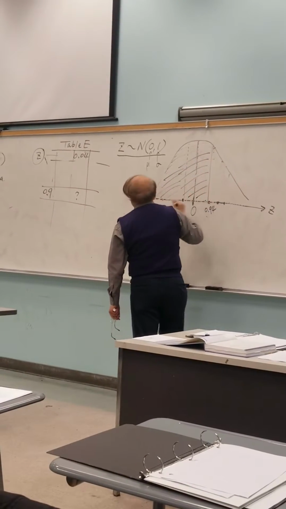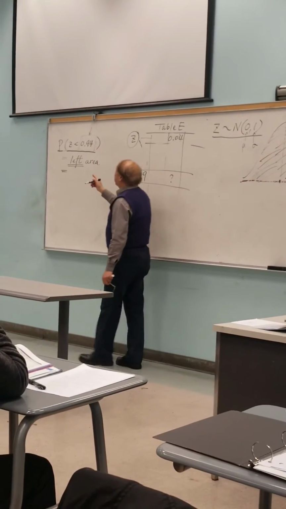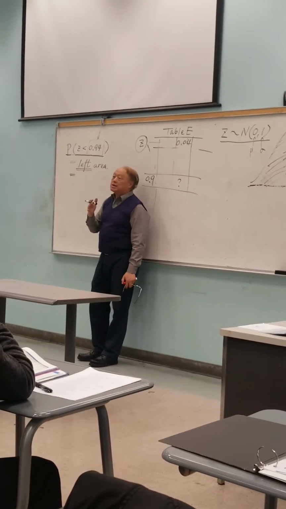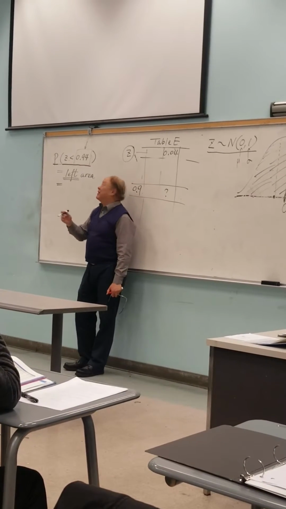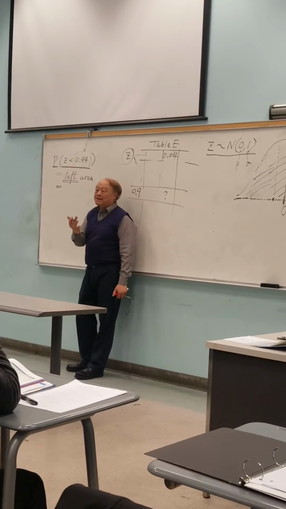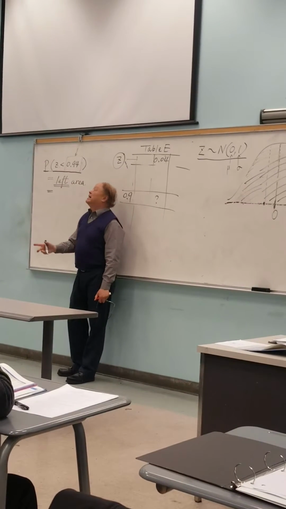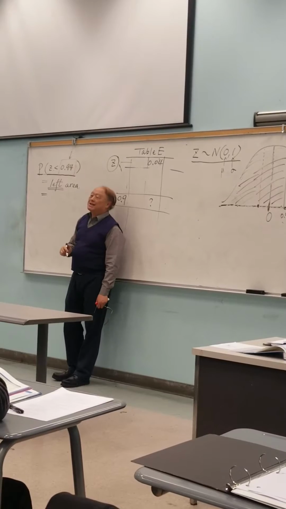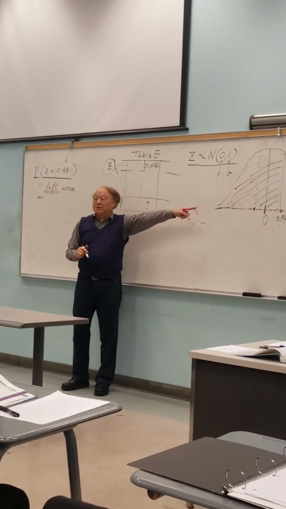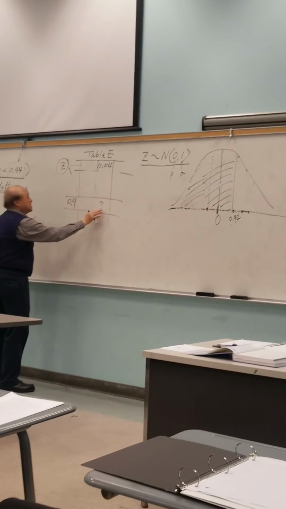Repeat. The first question is this probability equals which side area? Left area or right area? That depends on this symbol, right? The second question is whether that area is more than half or less than half. That depends on the graph, right? More than half. Now you go to find the exact answer.